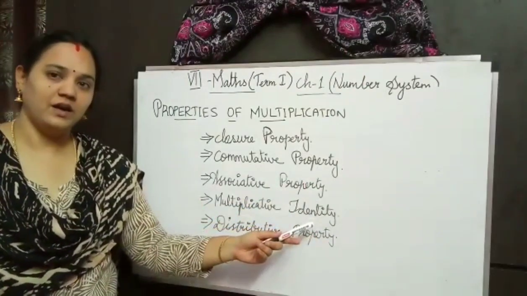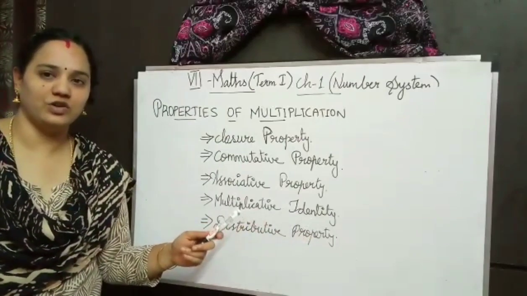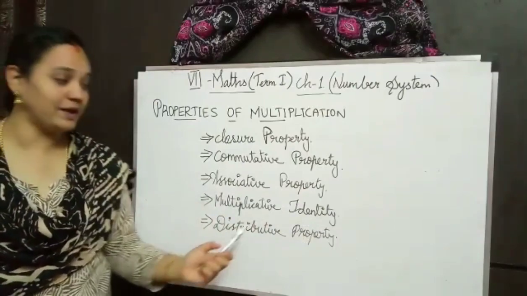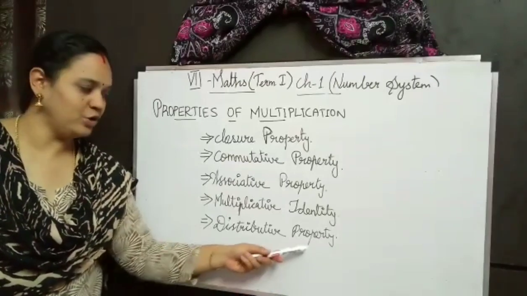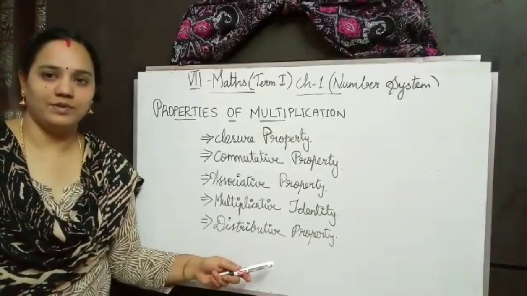Multiplicative identity is the same as what we saw for additive identity in addition of integers, but here we are going to see multiplicative identity. And the last one is distributive property. This one is a new property, so I will explain clearly with a suitable example.